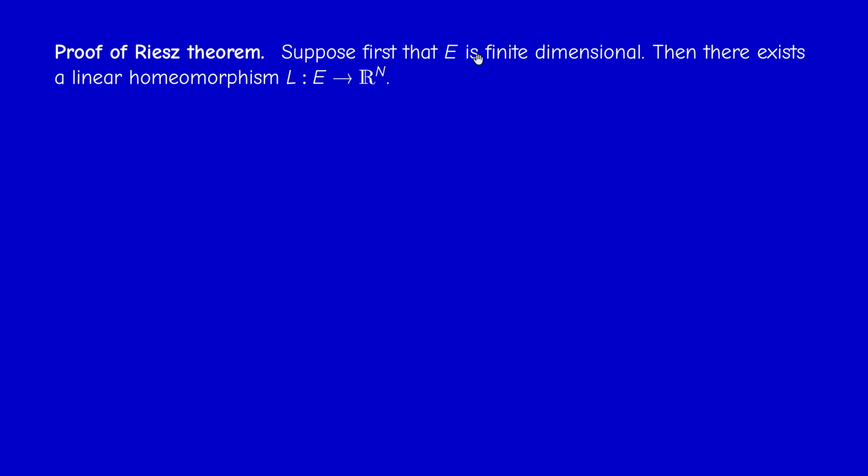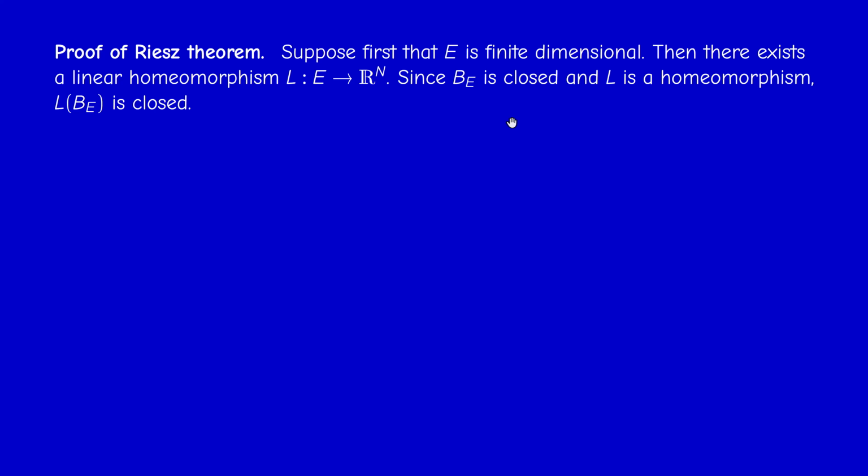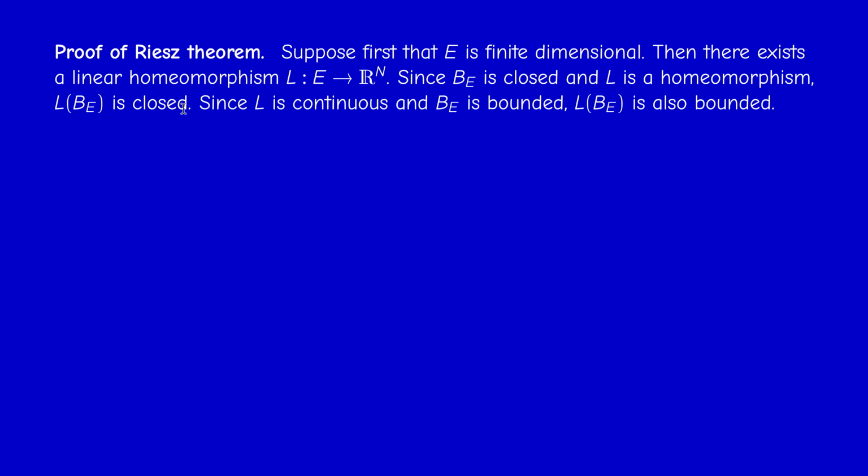Because as you know, if E is a finite dimensional space and has dimension n, then there is an isomorphism L between E and Rn. Now B is closed, and since L is a homeomorphism, L of B is closed, and since L is continuous, it maps bounded sets to bounded sets, so L of B is bounded. So L of B is closed and bounded, therefore it's compact.